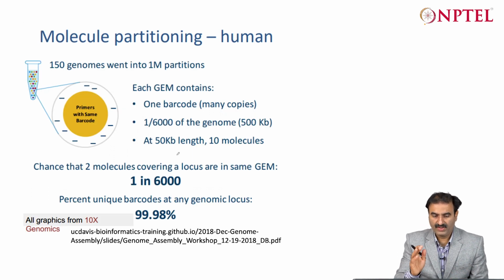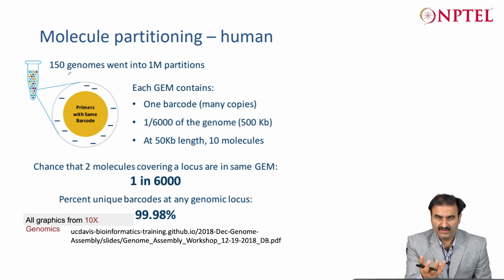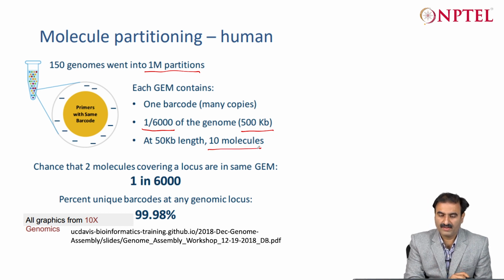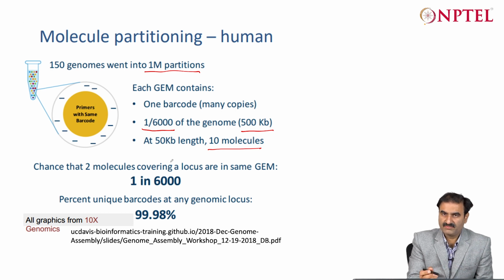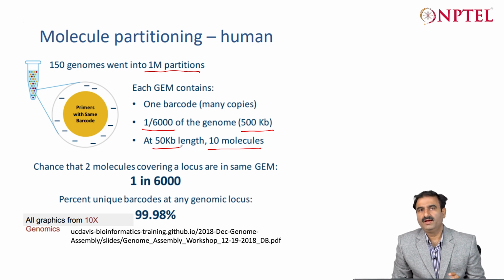So in detail, 150 genomes of the same type, which was the starting material, is partitioned into 1 million partitions, and each GEM contains about 1 by 6,000 of the genome, that is something about 500 kb, and basically if there are 10 molecules per GEM, each DNA fragment length will be about 50 kb.